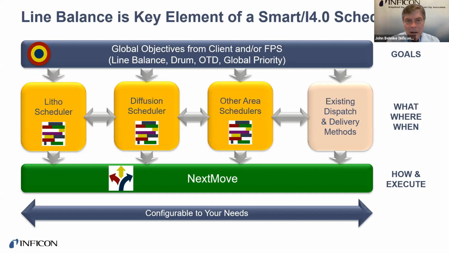So line balance is what's referred to as a global objective. And this is not a scheduling talk, I don't have time for that, but it's implied here because line balance is an input and basically a driver for each of the prioritization optimization engines that are run within a well-run, scheduled, advanced factory.